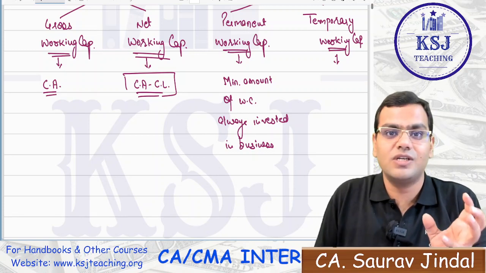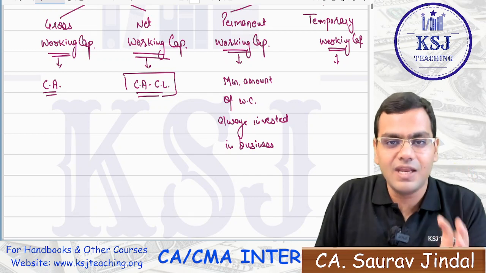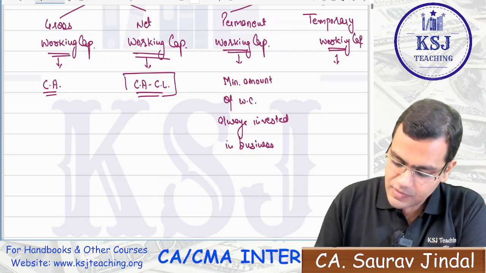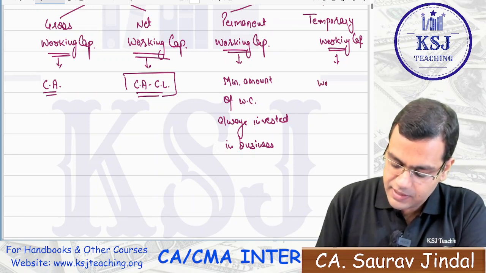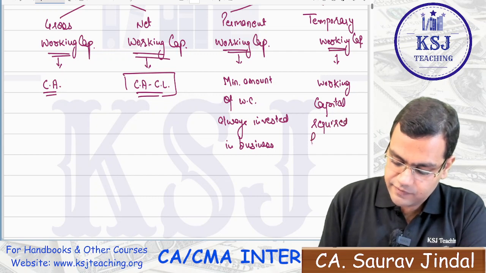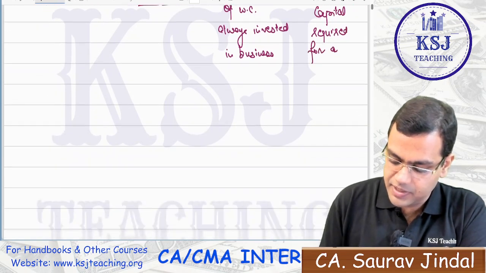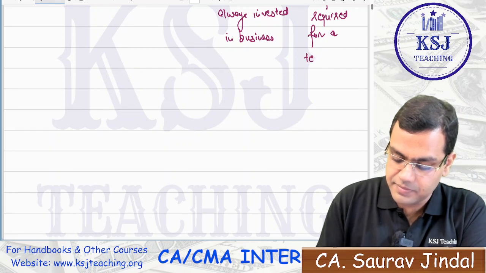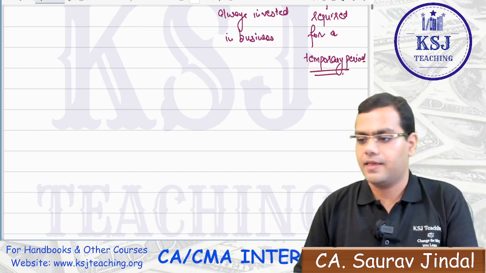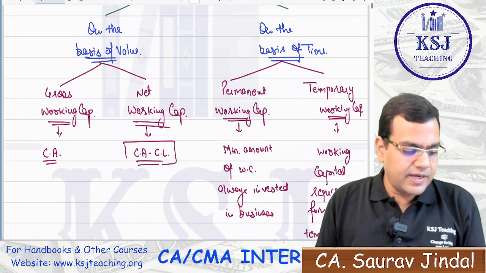That extra 5,000 is your temporary working capital, required for a temporary purpose. So this is working capital required for a temporary period. So this is regarding the types of working capital.